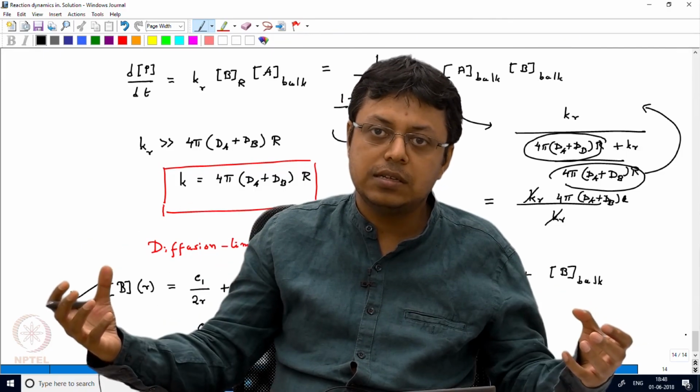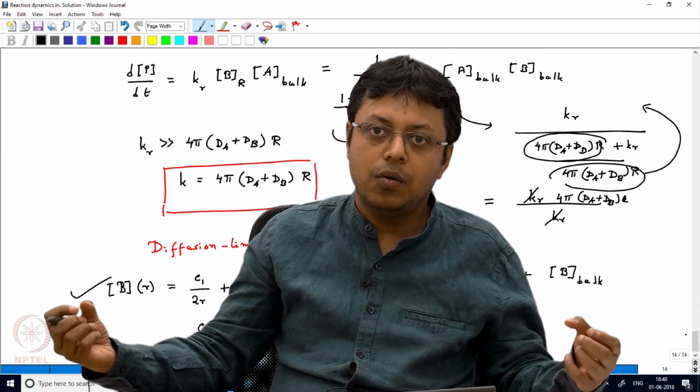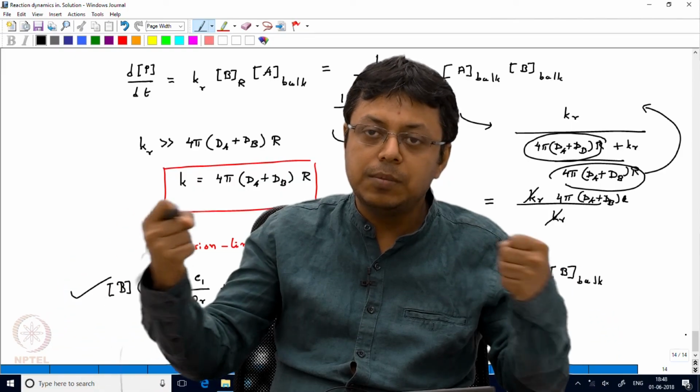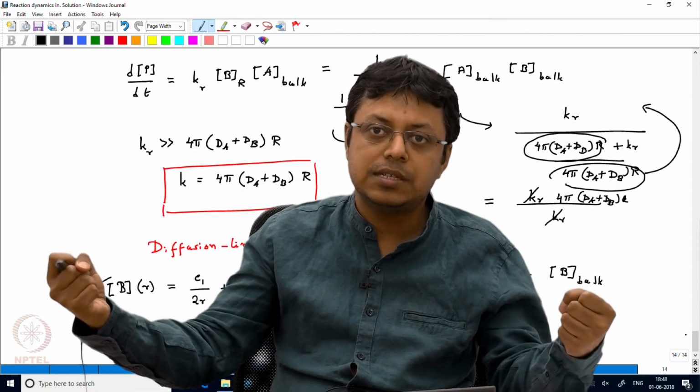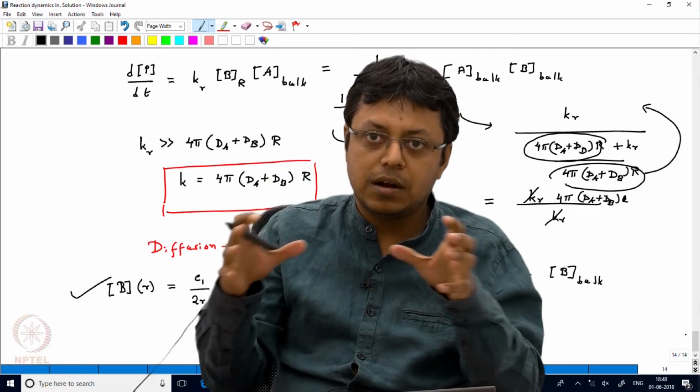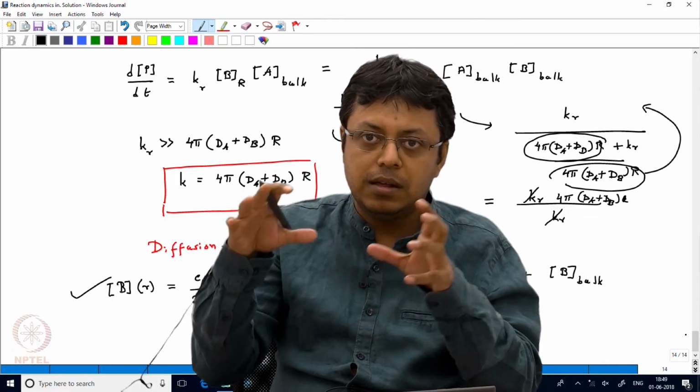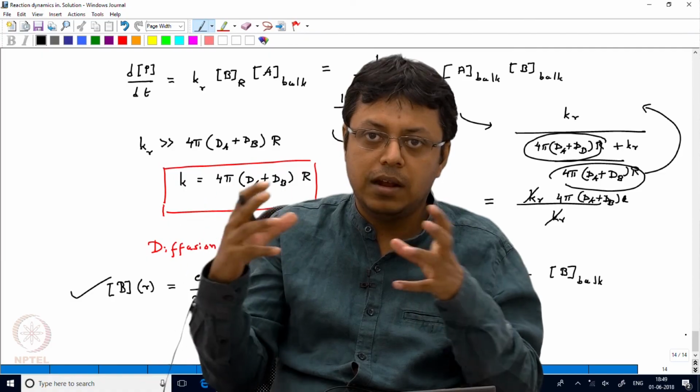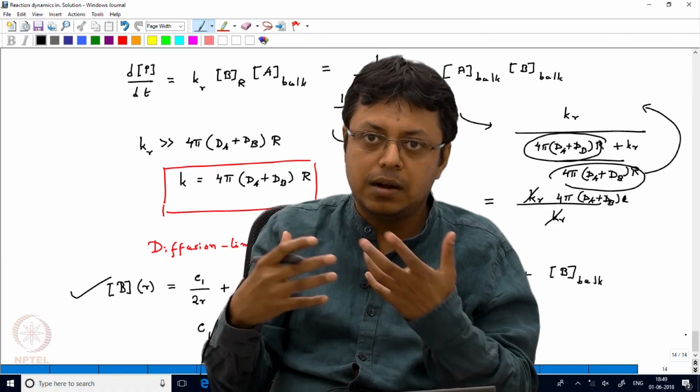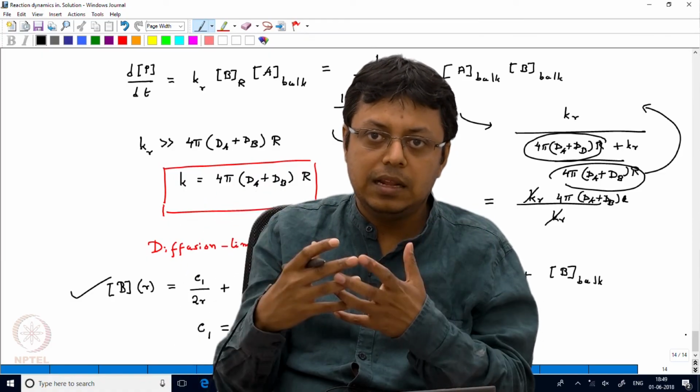So the overall reaction is limited by the possibilities of the encounter, that these two species come close together in a crowded environment, because they are coming in zigzag pathways, and A and B find the partner for each other, and then they react.